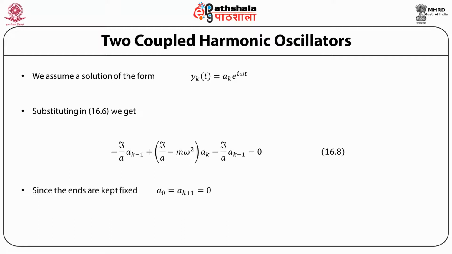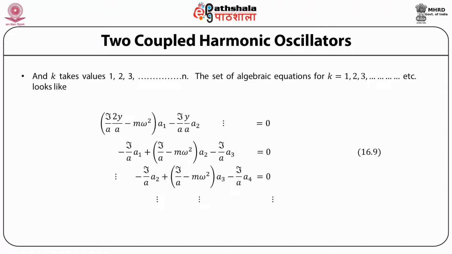Since the ends are kept fixed, that is a 0 is equal to a n plus 1 is equal to 0, and k takes values 1, 2, 3, etc. We have a set of algebraic equations for k is equal to 1, 2, 3, etc., and these algebraic equations look like what is shown below in equation 16.9.